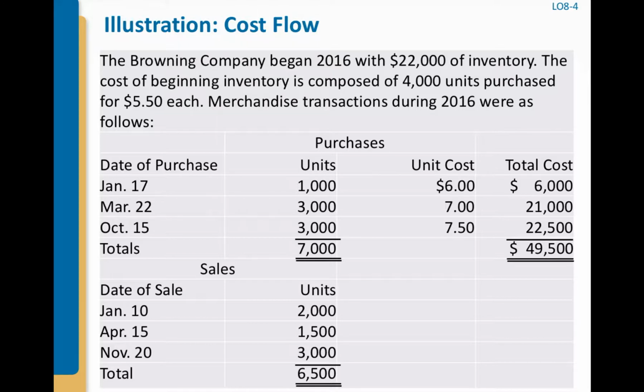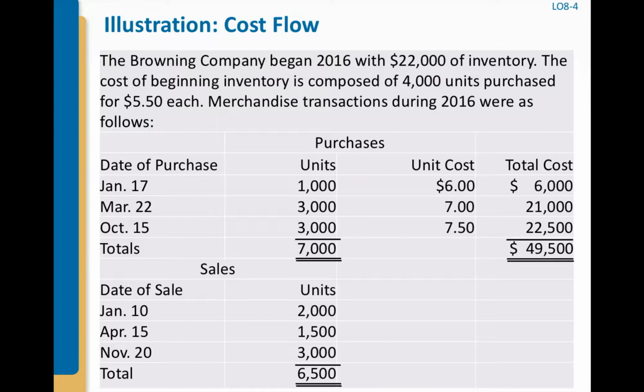So again, the number of purchases and the cost per unit that we purchase for each of those batches, like you see here in the January 17th, March 22nd, October 15th purchases, those will be the same no matter what cost flow assumptions we're using. What we're talking about is down here under the sales, the bottom half of this slide.